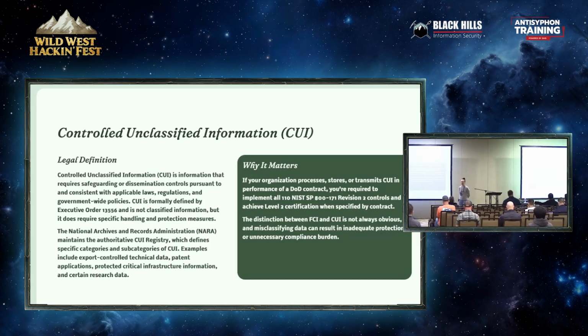It's explicitly not classified information, but if you are processing CUI that is specified and defined within those categories and subcategories, you will have to implement all 110 controls and achieve level 2 certification.